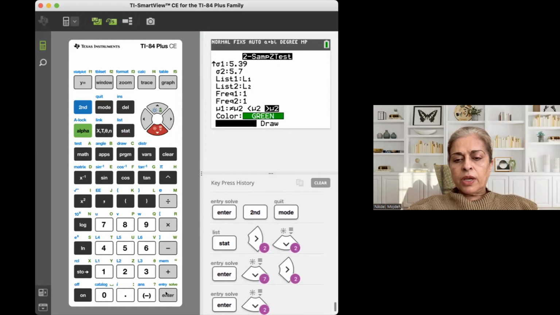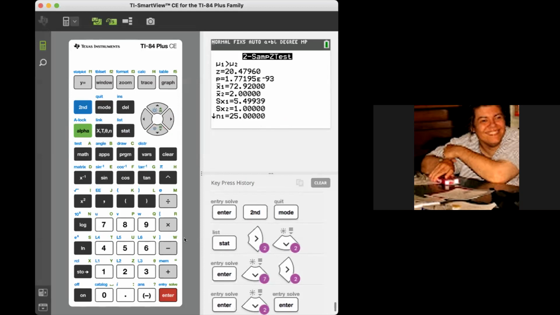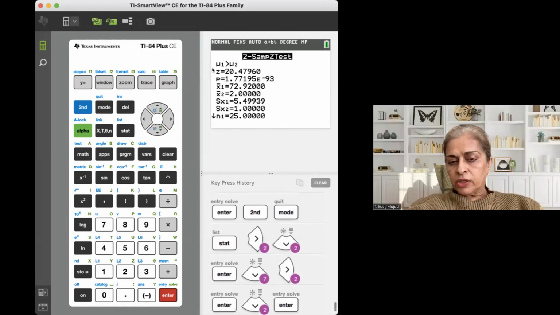But remember, the numbers that I'm going to highlight, calculate, and press enter are not going to be the correct numbers, because I put fake numbers in these two. There we go. You need Z and you need P. But these are fake numbers because I didn't enter correct Chicago numbers in list two.